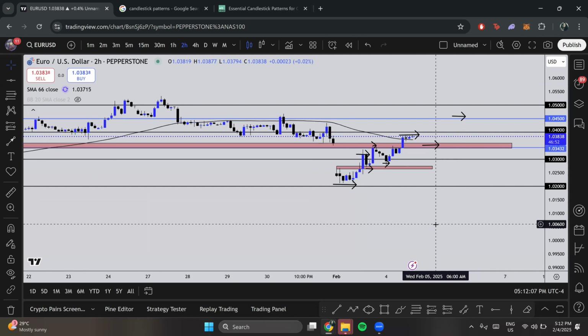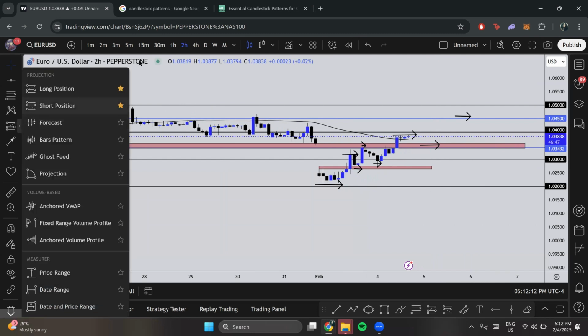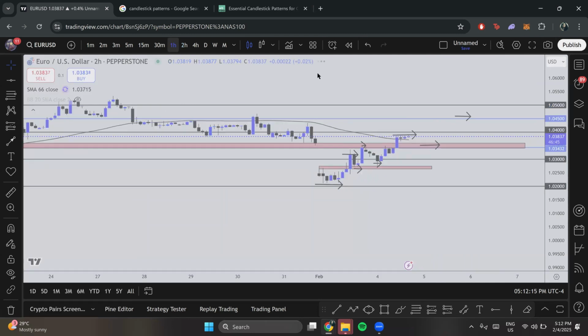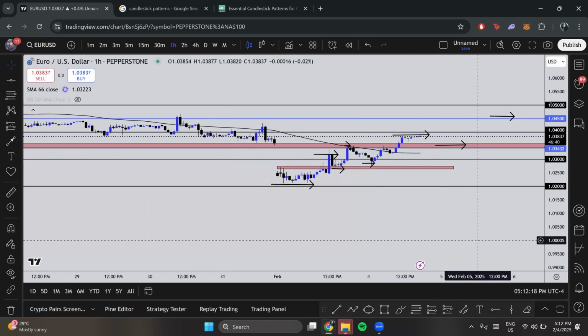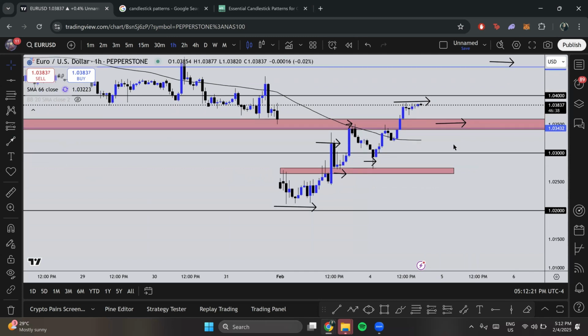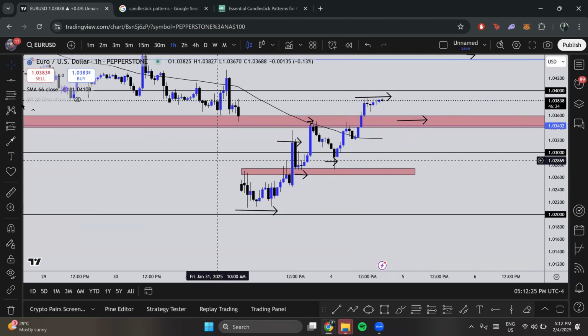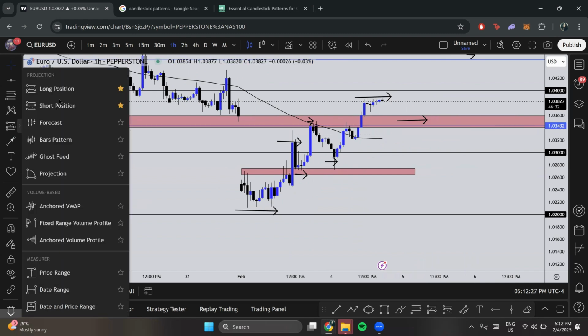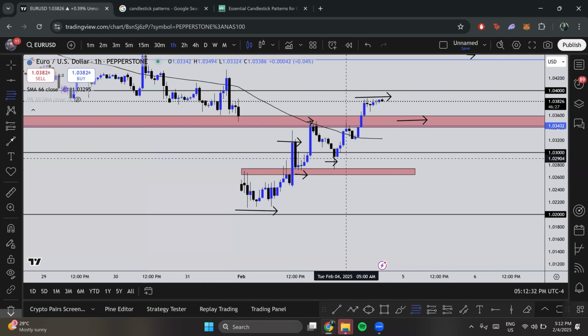we're going to measure the Fib. The last Fib that was used is on our chart. It would have been when the market made this higher low to this higher high.